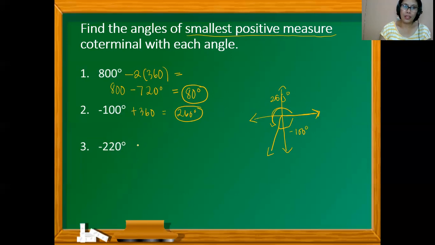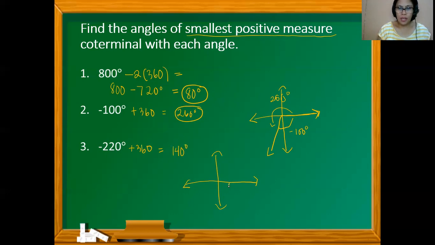For negative 220, we will add 360. So we have 360 less 220, which is 140 degrees. So where is negative 220 degrees? Since this is negative, the rotation is clockwise.